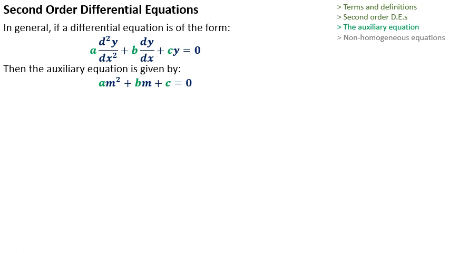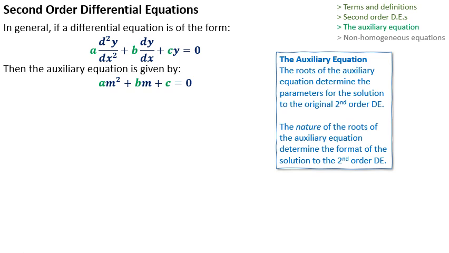And somehow the roots of the auxiliary equation determine the parameters that go into the solution to the differential equation. Not only that, we're now going to look into how the nature of the roots of the auxiliary equation determine the format of the solutions to the differential equation.